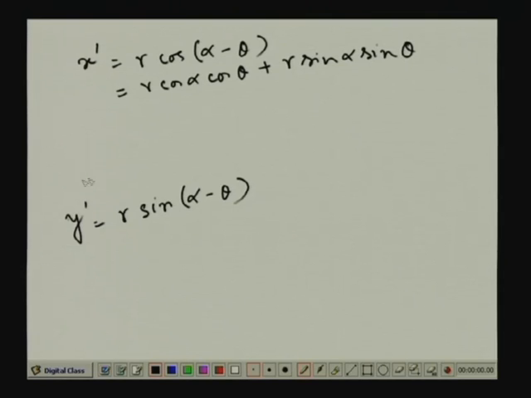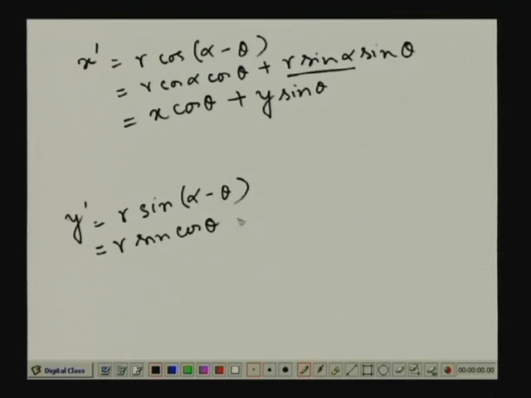Now, we know that r cosine alpha is nothing but x, so it becomes x cosine theta, plus r sine alpha is nothing but y, so it becomes y sine theta. Similarly, if I expand the other one, it becomes r sine alpha cosine theta minus r cosine alpha sine theta.